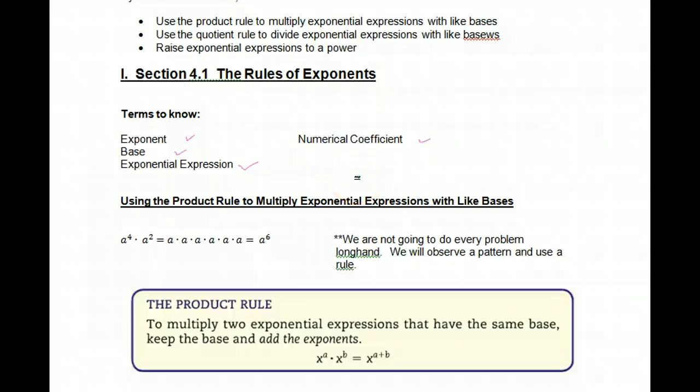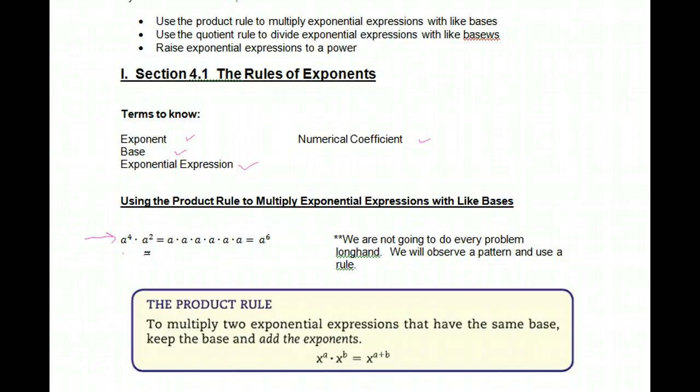The first rule that we are going to talk about is what's called the product rule. Look at the example I have here, the problem of a to the fourth times a to the second.